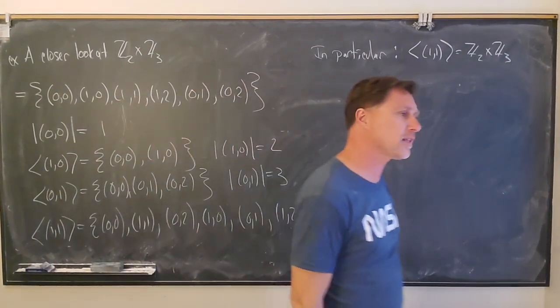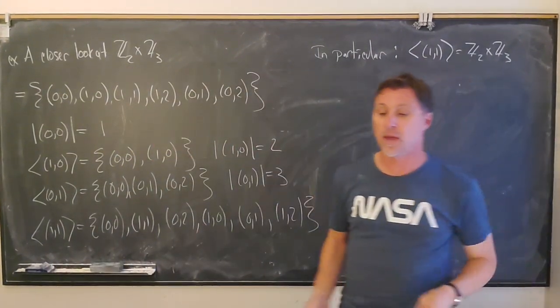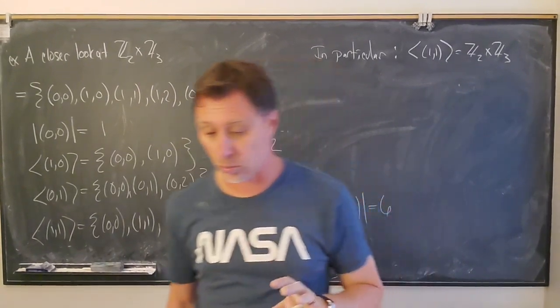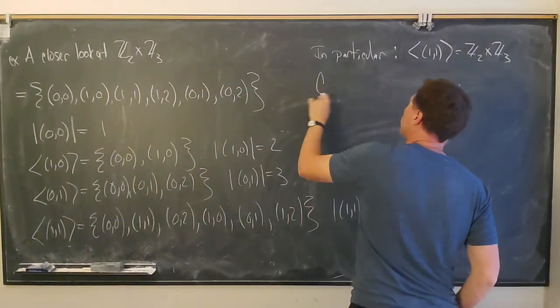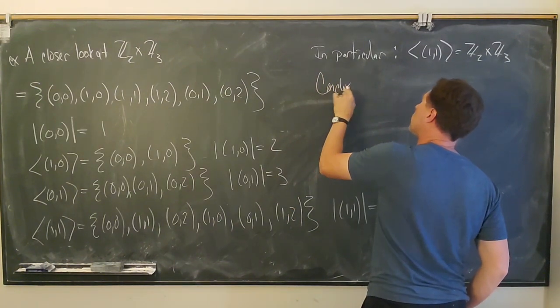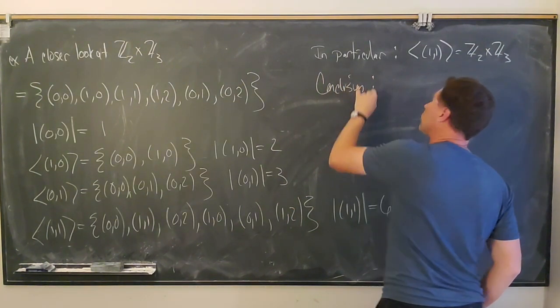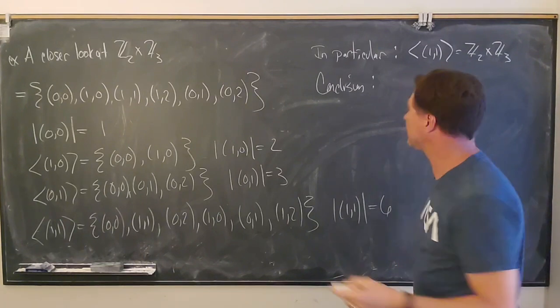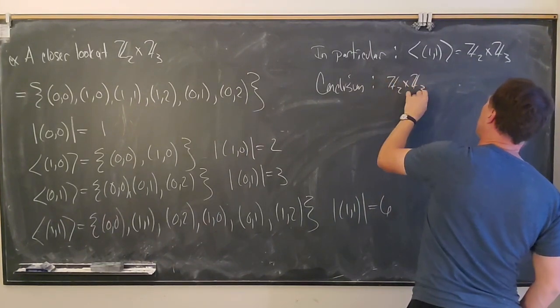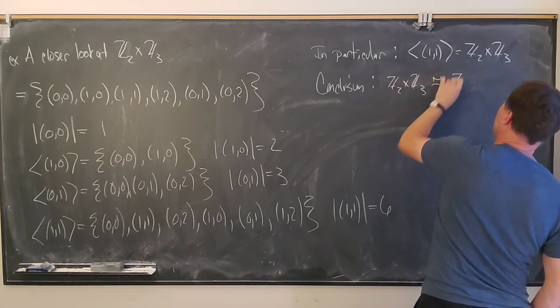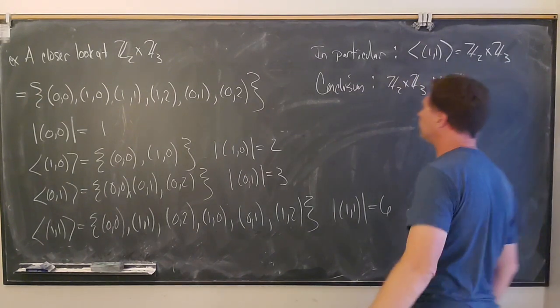And we know that up to isomorphism, there's exactly one cyclic group for each order, right? And so our conclusion here, right? Every cyclic group of order 6 must be isomorphic to Z6. So in particular, Z2 cross Z3 is isomorphic to Z6.